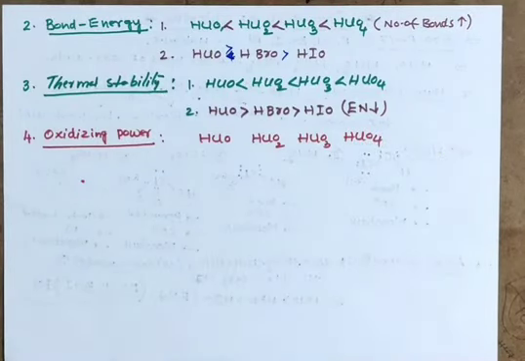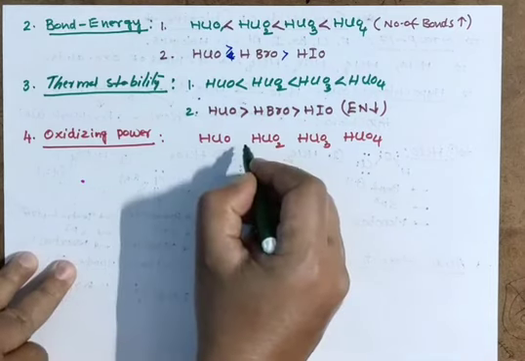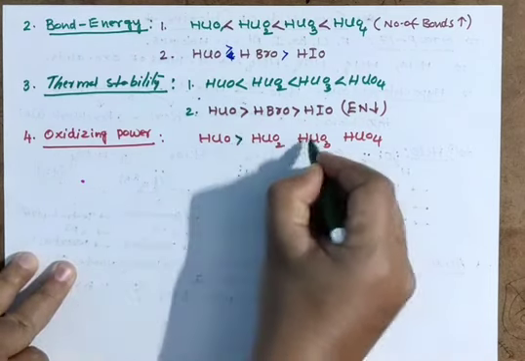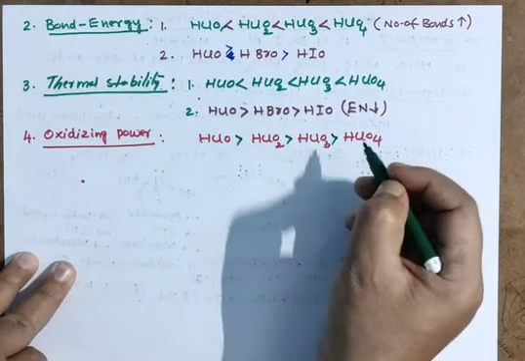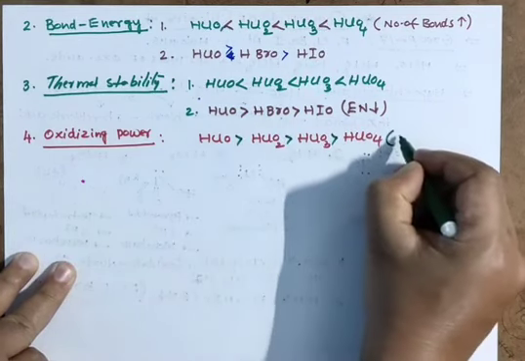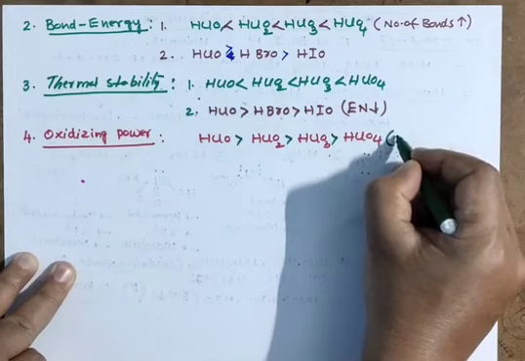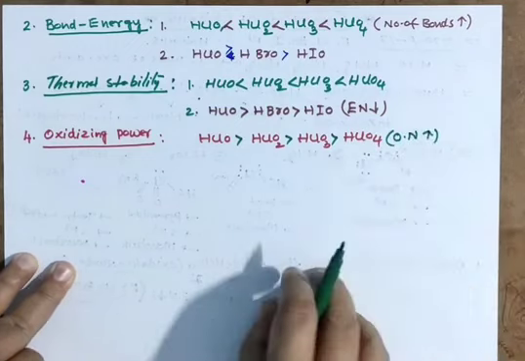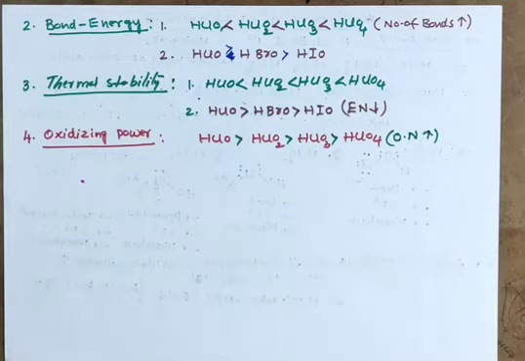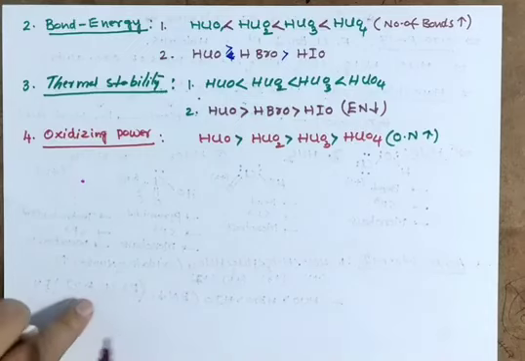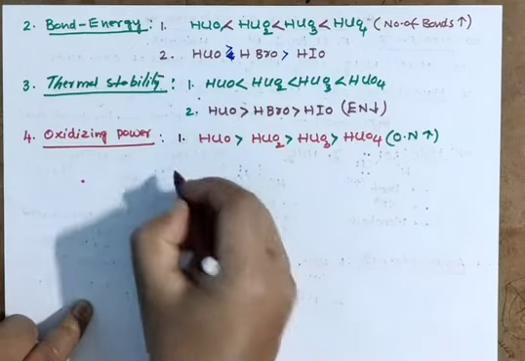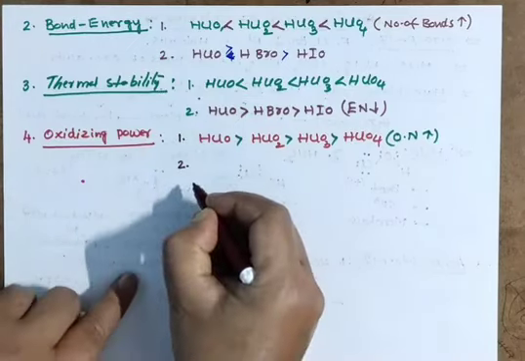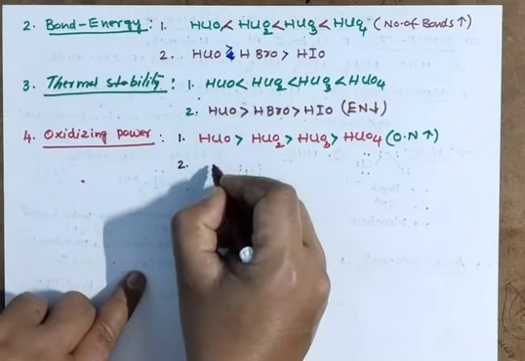Hypochlorous to perchloric, now oxidizing power is going to decrease. The reason is that oxidation number is going to increase. Remember, as the oxidation number of the central atom increases, oxidizing power decreases.